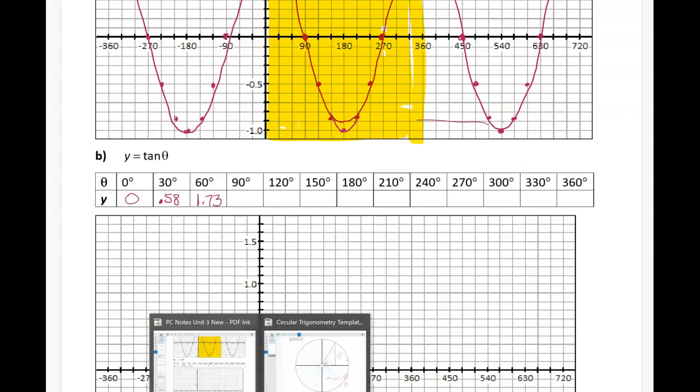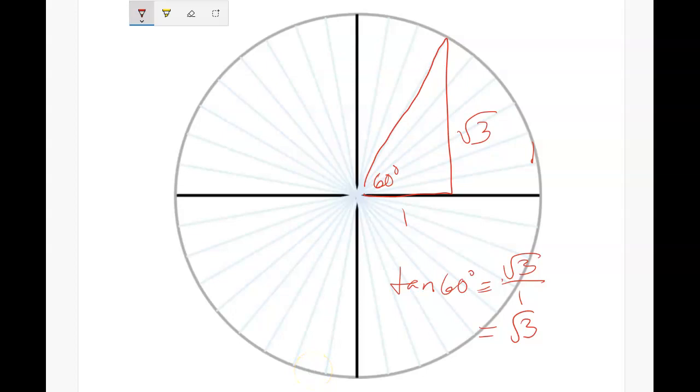And then at 90 degrees, let's check out 90 degrees. That would be up here at the point 0, 1. And tangent of 90 degrees would be the opposite, the vertical coordinate, over the adjacent, which would be 0. That's the horizontal coordinate. And that's going to be undefined.